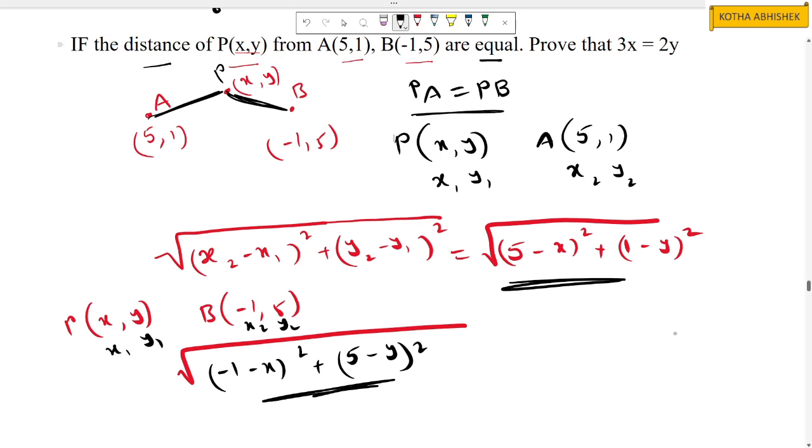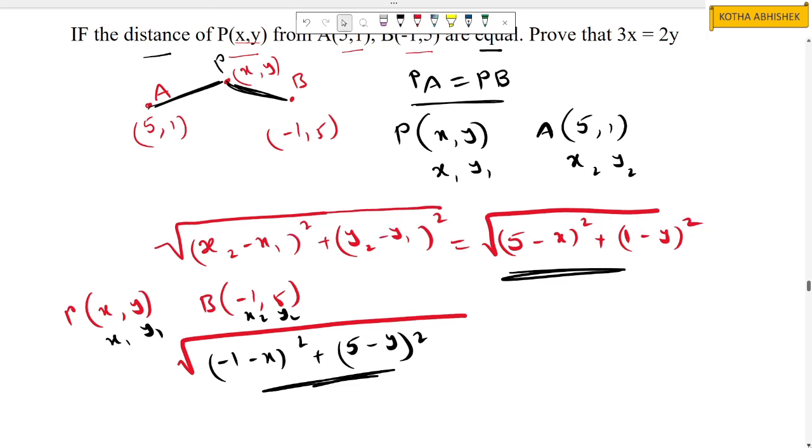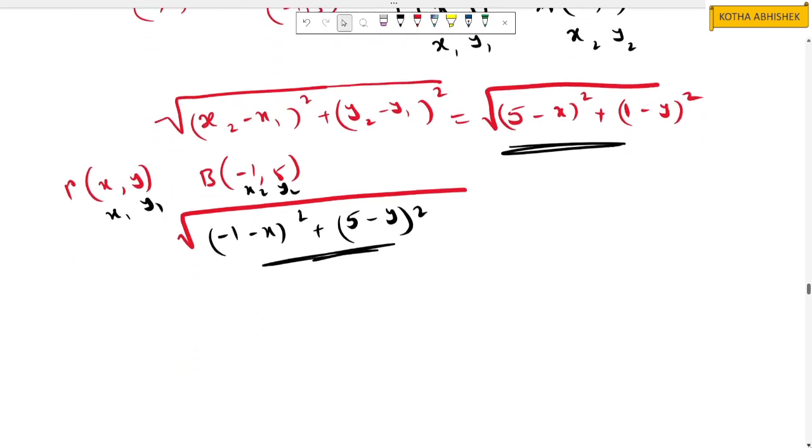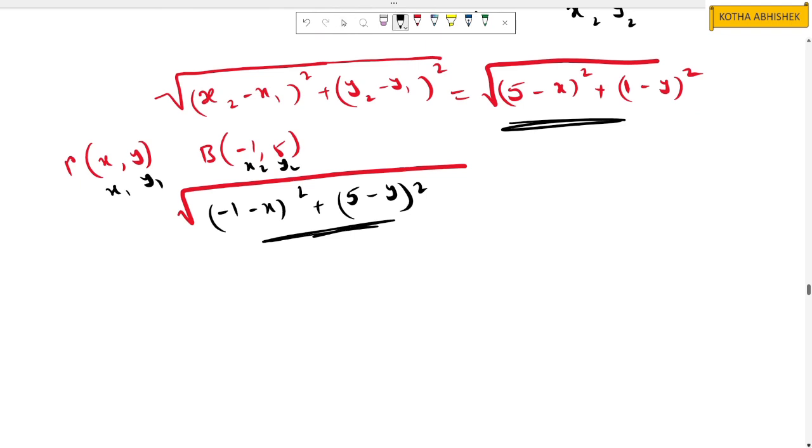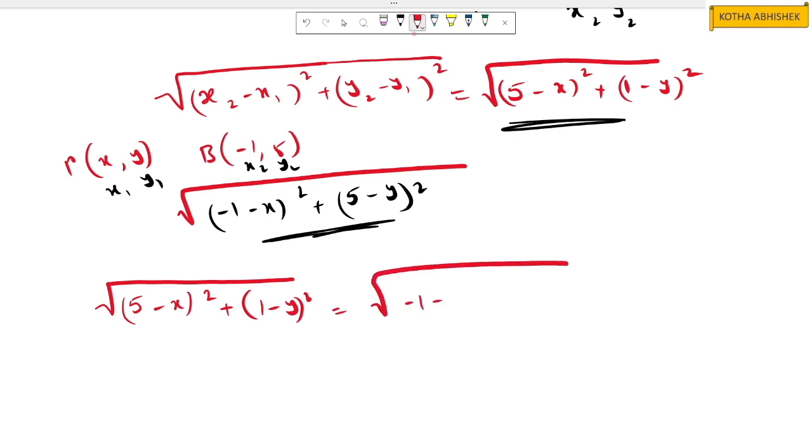Now let us write these two are equal to each other. So then it will be under root 5 minus x whole square plus 1 minus y whole square equals under root minus 1 minus x whole square plus 5 minus y whole square. Now here both the sides we have square root, right?